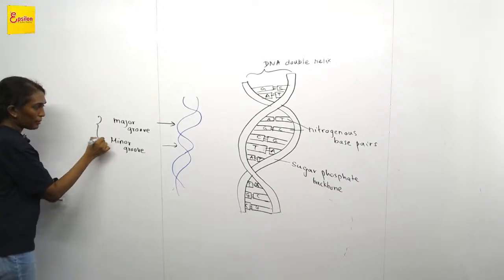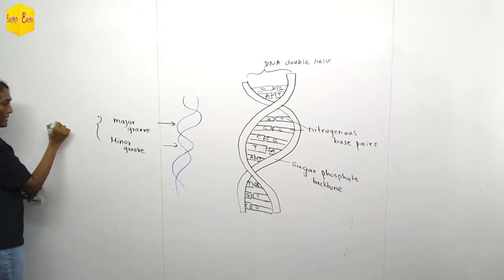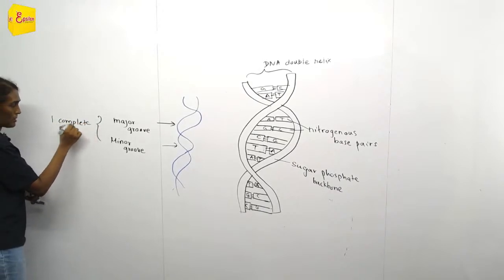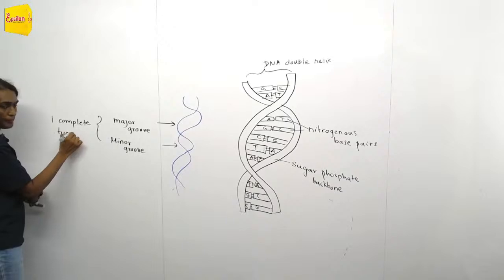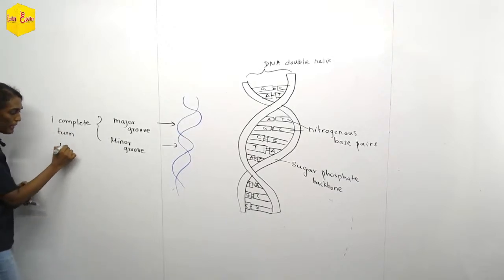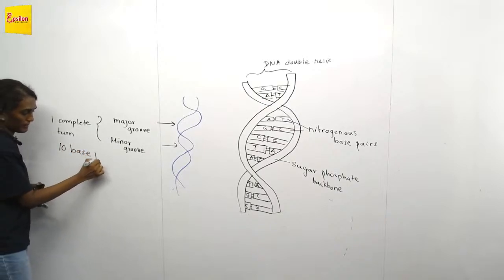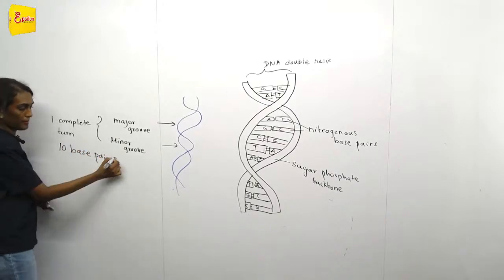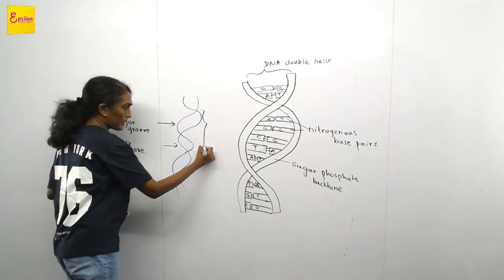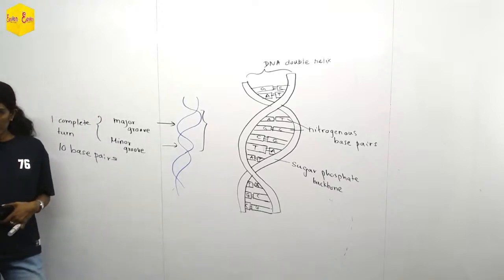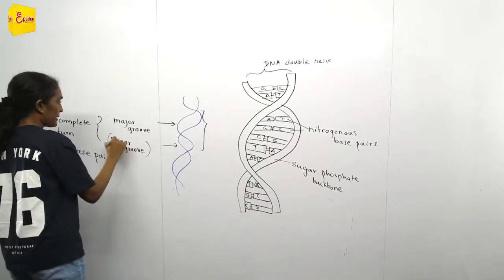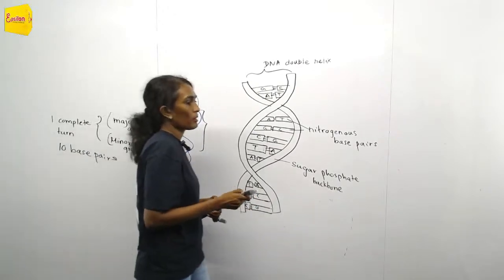Major groove and minor groove together make one complete turn of the DNA molecule. One complete turn consists of 10 base pairs. Understood? 10 base pairs are there in one single turn of a DNA molecule. Draw this too. You don't need to memorize this, it's just for your information.